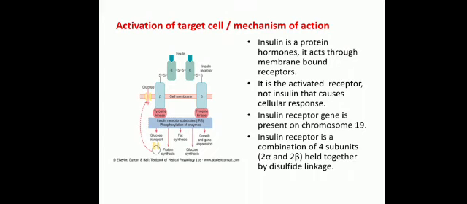So I repeat, the insulin receptor gene is present on chromosome 19, and the receptor has 4 subunits, 2 alpha and 2 beta, held by disulfide bonds. And I have already told you, insulin is active only when the disulfide bond is intact.